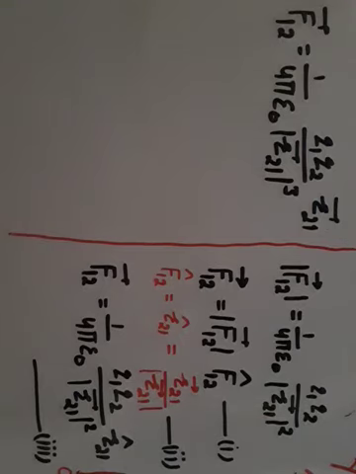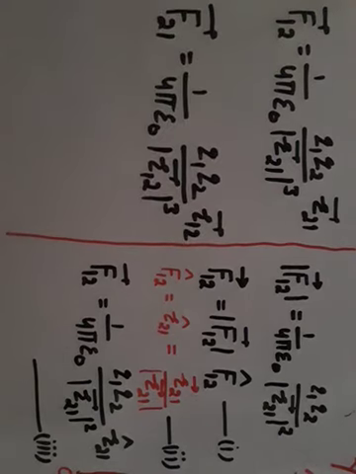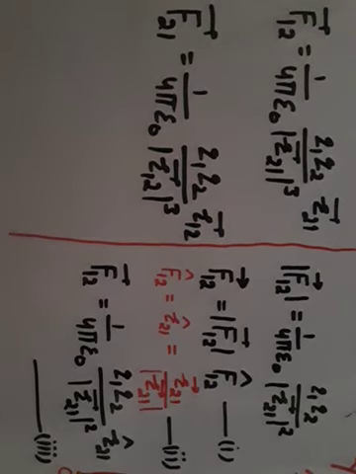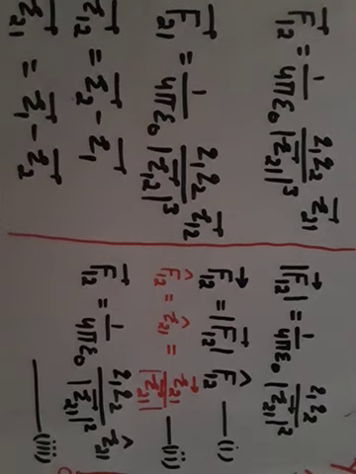So this is the vector form of force. Similarly, we can write the relation for F21 also. Using vector properties, in this relation R12 and R21 can be written as shown.